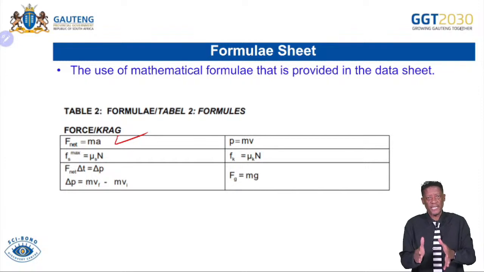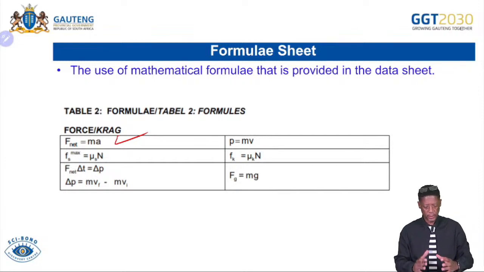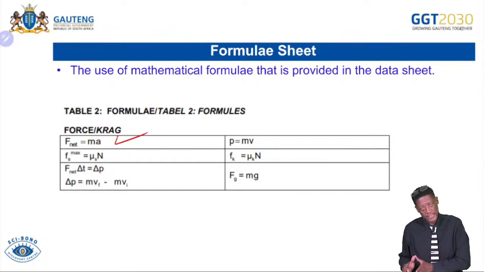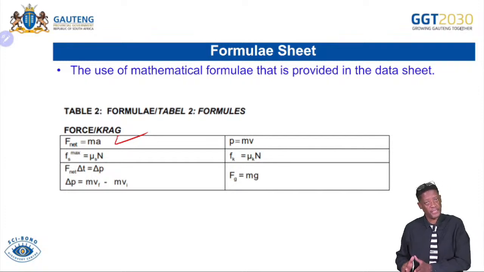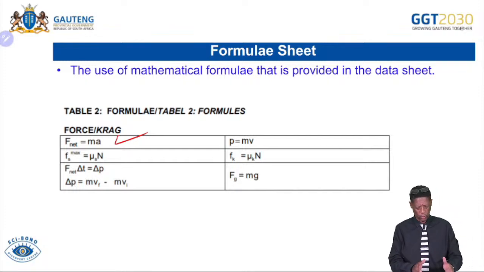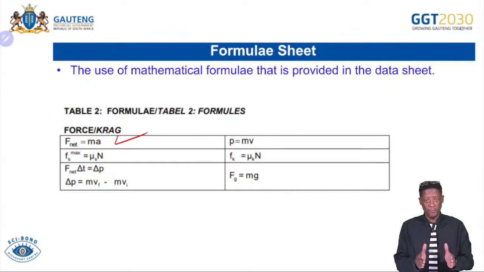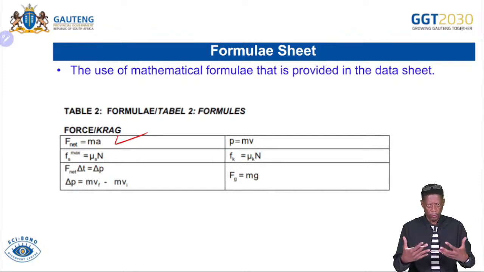This is a skill that you have learned from your teacher at school. Without the data sheet or formula sheet, you won't make it, because you will formulate your own formulas and get them wrong. So these are the formulas or equations that you'll get from the data sheets. Not only these, there are more, but these are examples for the forces.